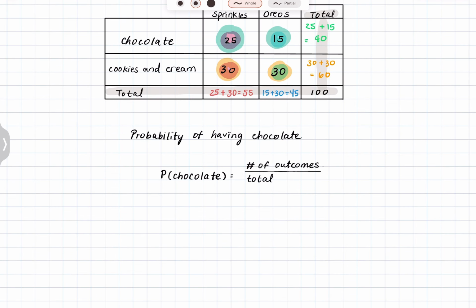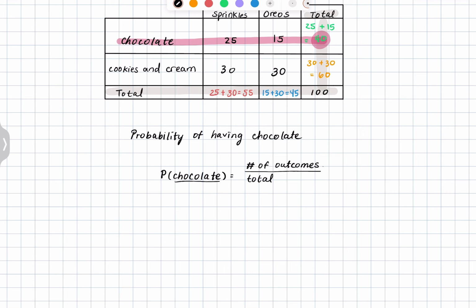So number of outcomes is, what is the number of chocolate that we have, total for chocolate. So we're going to look at our chocolate side, and we see that my total number of outcomes is 40.